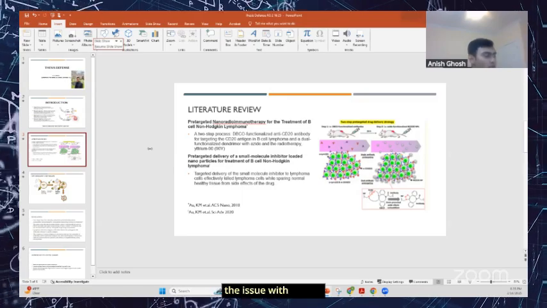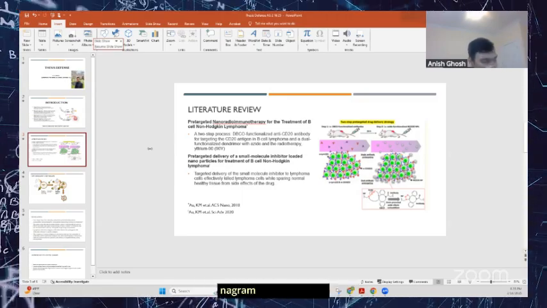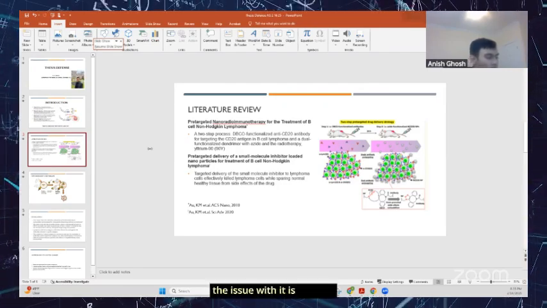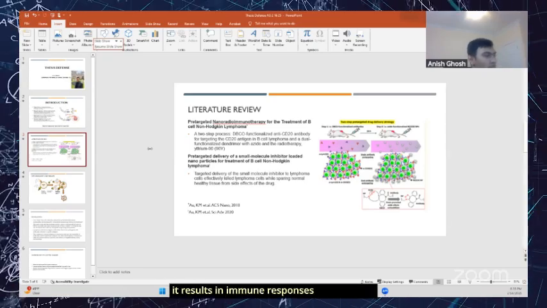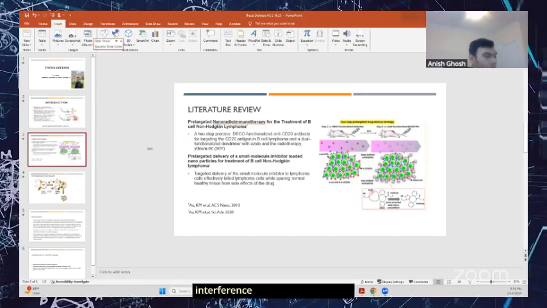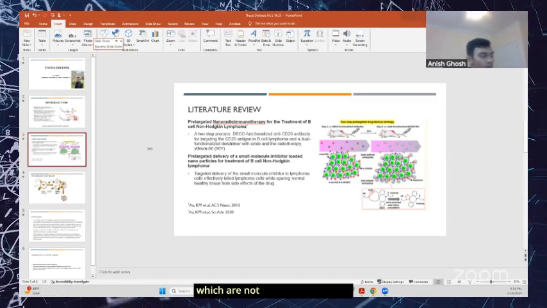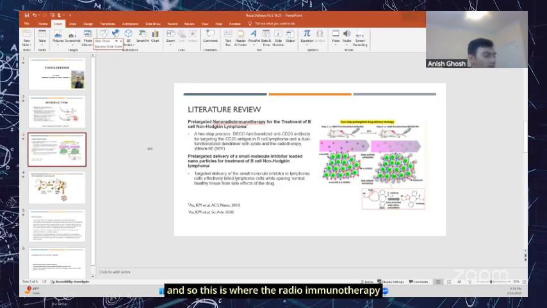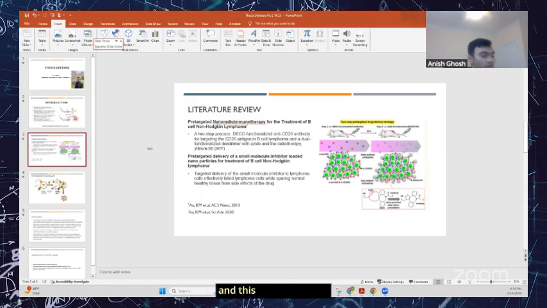However, the issue with pre-targeted radioimmunotherapy, an acronym for which is PRIT, is that it results in immune responses as well as interference with other molecules. So basically harming other cells which are not meant to be harmed. This is where nanoradioimmunotherapy comes in.